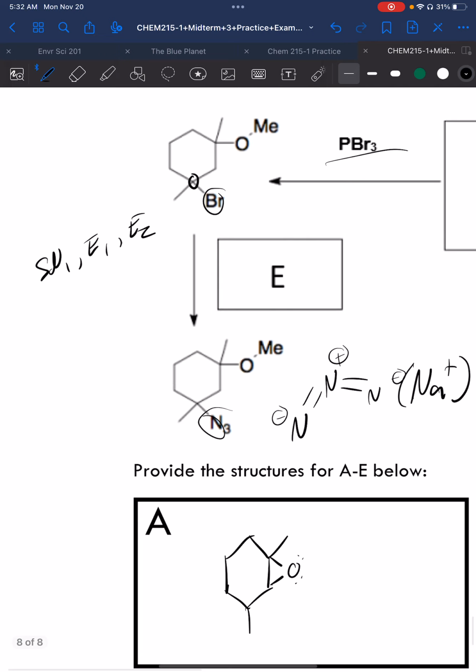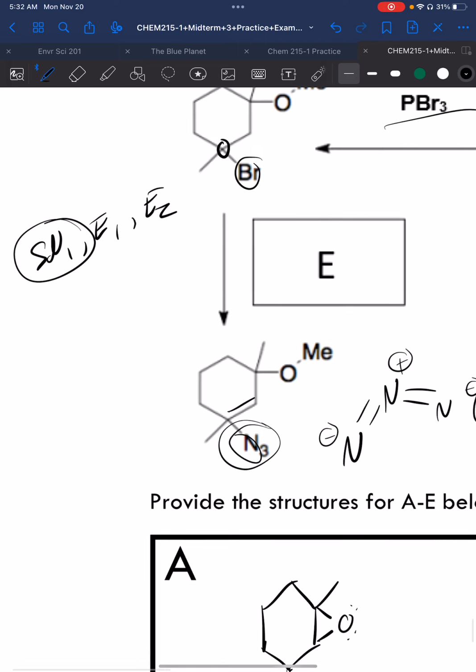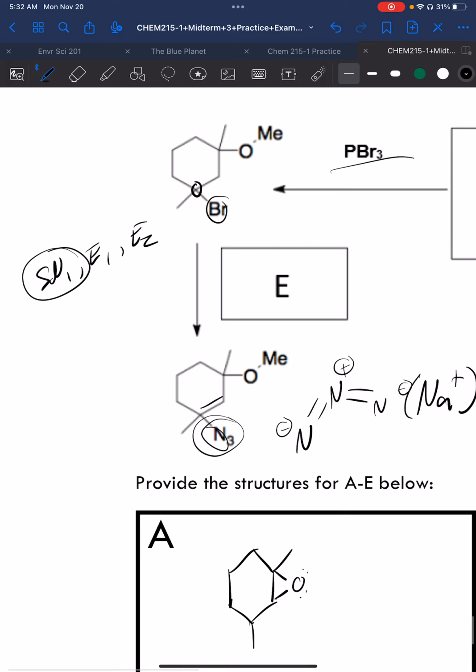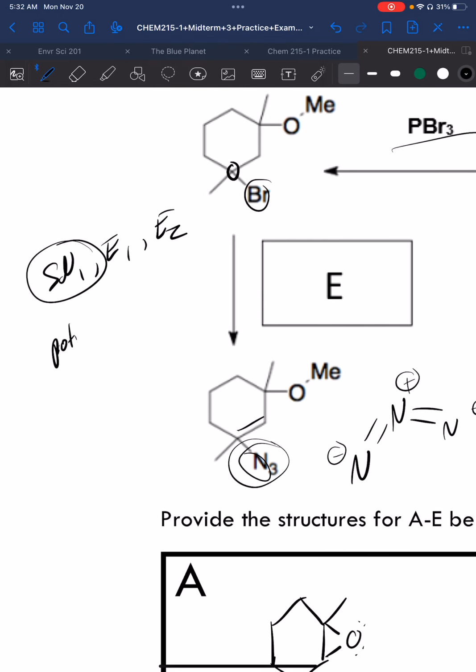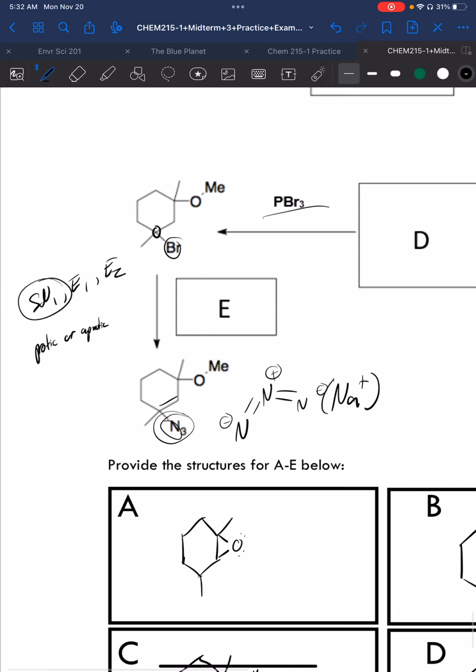And so if we look at what we have here, all we're doing is we're just adding the N3. We're not making any double bonds. So this has to be an SN1 reaction. And SN1 reactions with tertiary alkyl halides require either a protic or a polar protic solvent, right?